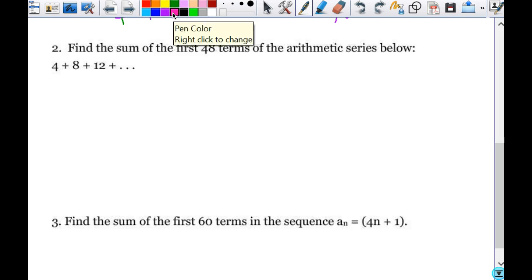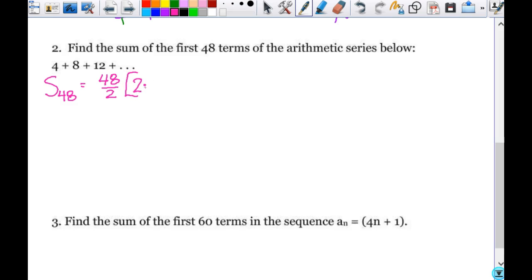Okay, so now we're going to find the sum of the first 48 terms of the arithmetic series below. Do we know the last term? No, so we have to use that second formula up there. So I'm looking for the sum of the first 48. That's equal to n over 2, so that's going to be 48 over 2 times 2 times the first term.